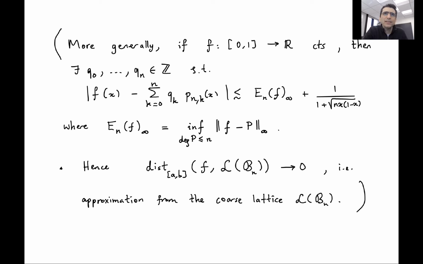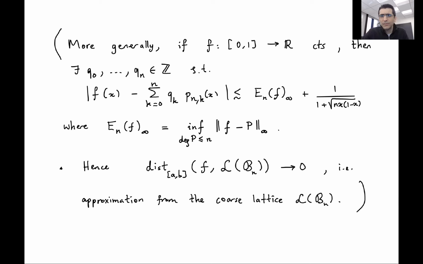So this is not something that was available in the original Kantorovich theorem. In the original Kantorovich theorem, there was no way to restrict the range of the rounded coefficients of the polynomial. This is a new aspect of the result.